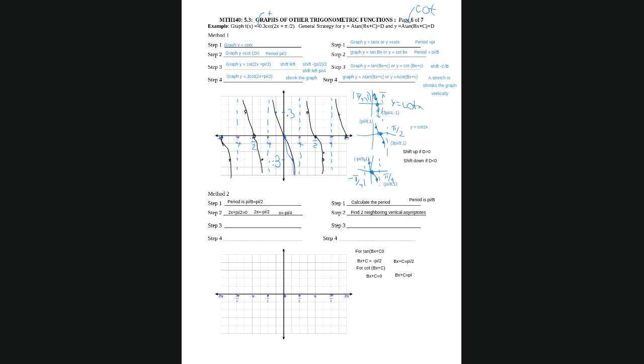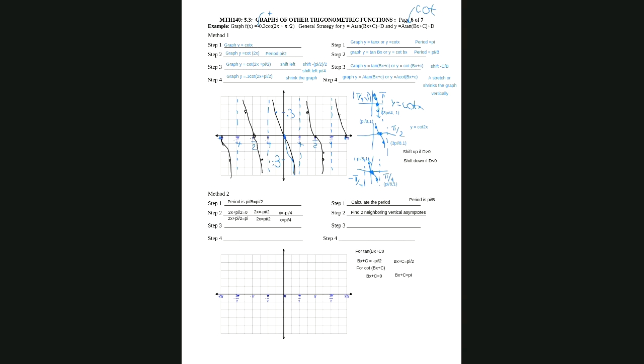And then for my other asymptote, I will set 2x plus pi over 2 equal to pi. And so I'm going to subtract pi over 2 from both sides, and I get 2x is equal to pi over 2. And then I'll divide both sides by 2, and I get x is equal to pi over 4. So now I know where I have some asymptotes at negative pi over 4 and positive pi over 4.